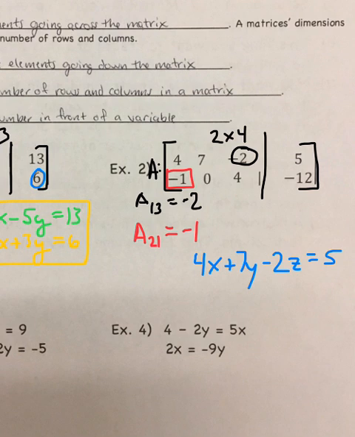Then I have negative x plus 0y, I don't even need to write that in, plus 4z equals negative 12. You can see I didn't have to write down the y, but in the matrix I had a 0 for y. Inside the matrix you need to keep everything lined up variable-wise. We don't just skip the variable if it's not in one but it's in the other. We still have to list it as a 0. It's very important to keep everything lined up inside the matrix.